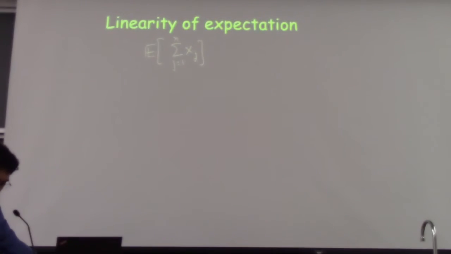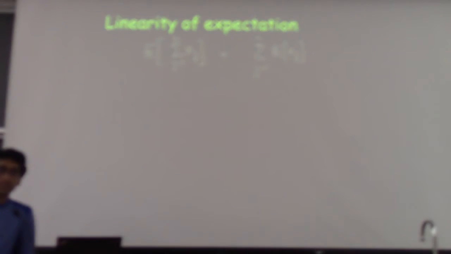What the linearity of expectation theorem says is that this is a very general theorem. It is true for any random variables that take values in the same domain. So the expected value of this is equal to the sum over j equals 1 through n of the expected value of xj.